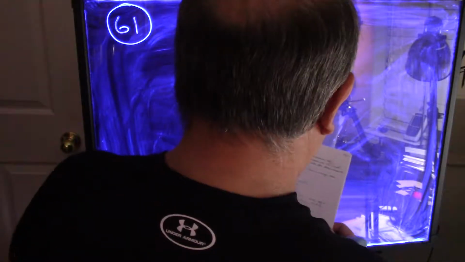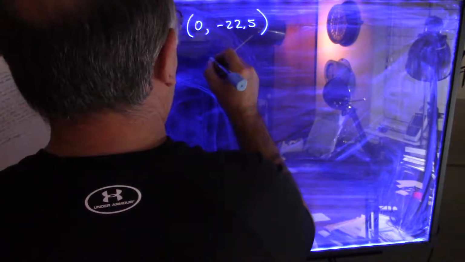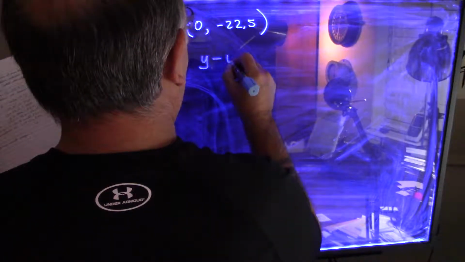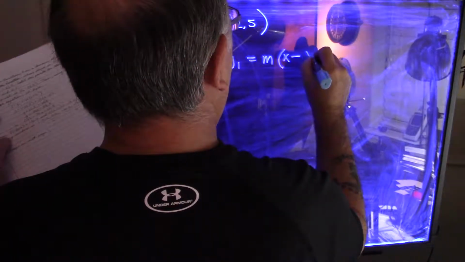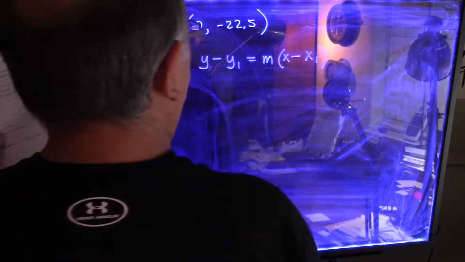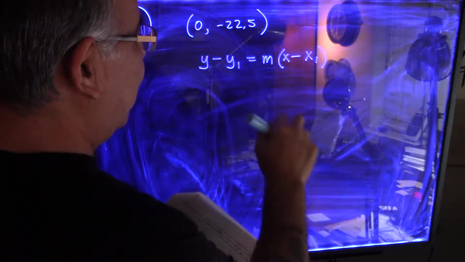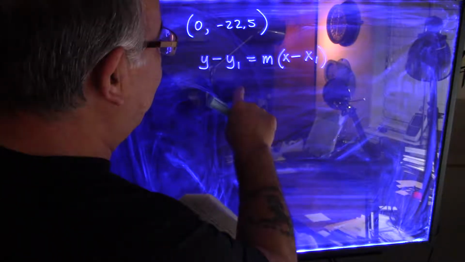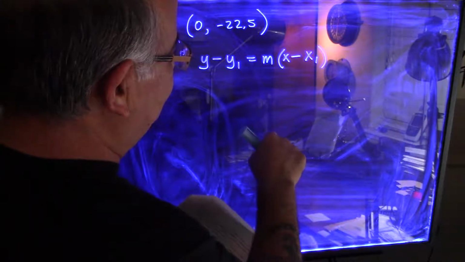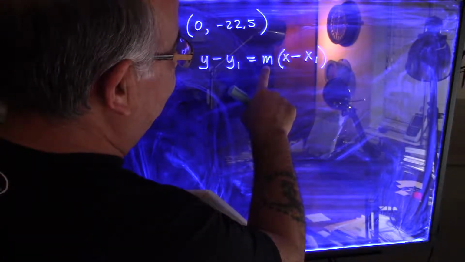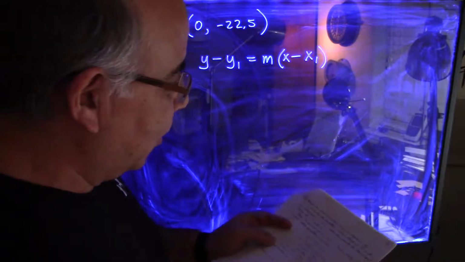So using the point slope equation for a line, that's y minus y1 equals slope m times the quantity x minus x1. We only have 1 point and they gave us the slope, so we're using point slope. That's a little different from the 2-point equation, where you're using 2 points and you're not given a slope. You put the formula for the slope in place of m in the point slope equation, and then you just substitute the values.